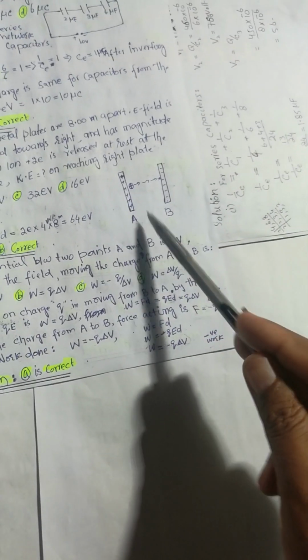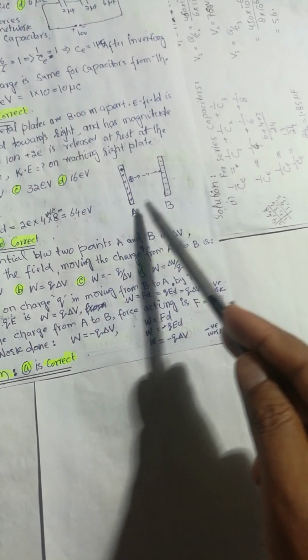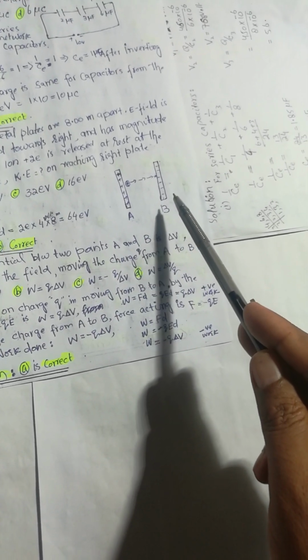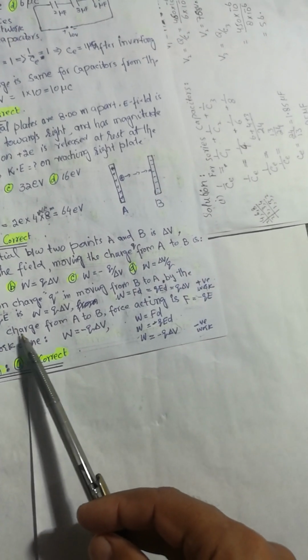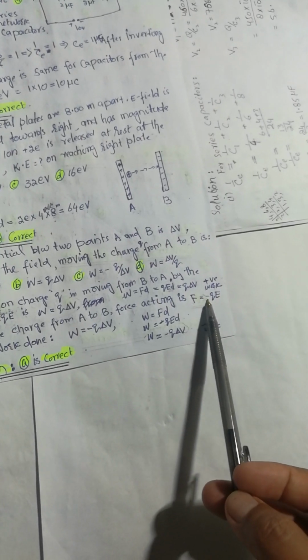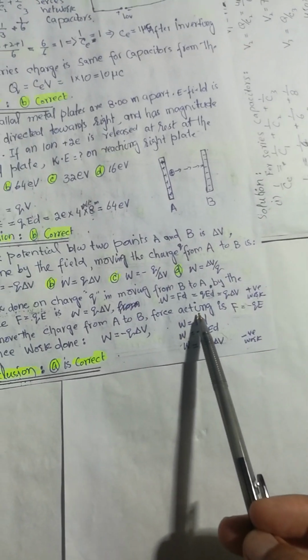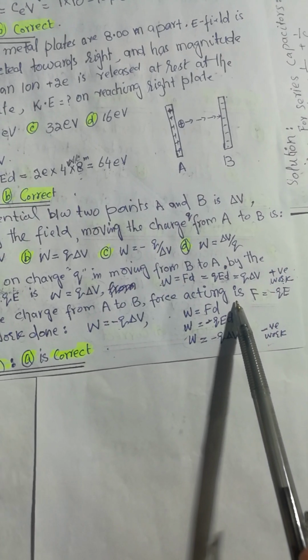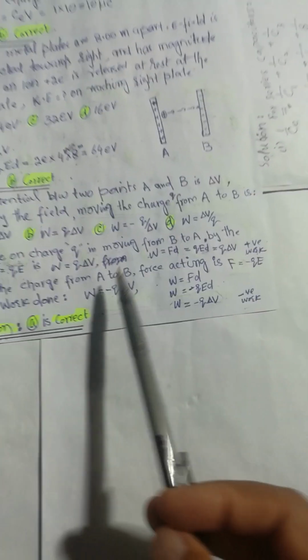Now to move the charge back from A to B, we have to find that work done. For this, the force acting is F equals minus QE.